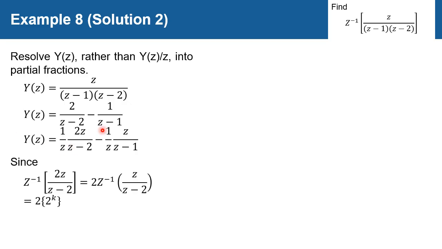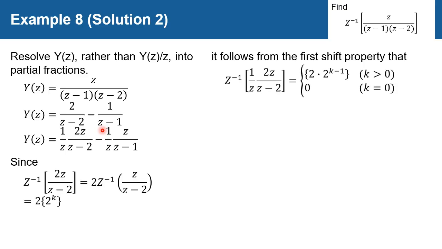Since from the table, we have the inverse Z transform of 2Z over Z minus 2, that is 2 times the inverse Z transform of Z over Z minus 2, that is now equal to 2 times 2 raised to K. It follows from the first shift property that the inverse Z transform of 1 over Z times 2Z over Z minus 2 is equal to 2 times 2 raised to K minus 1 if K is greater than 0, and that is 0 if K is equal to 0.